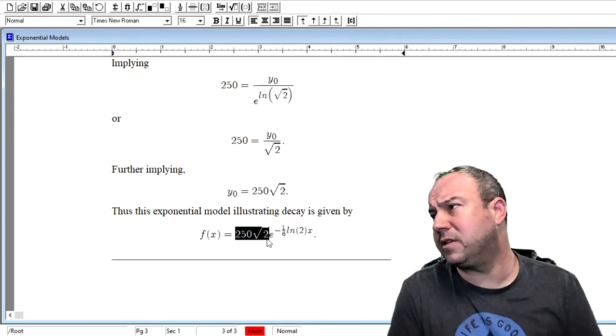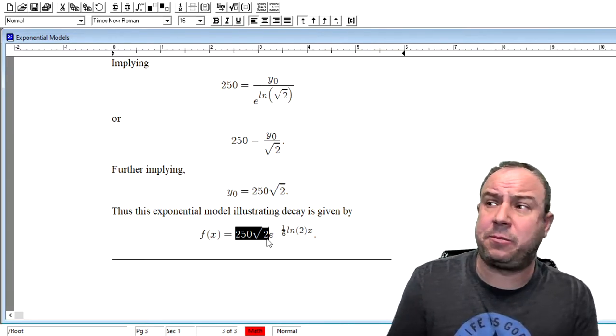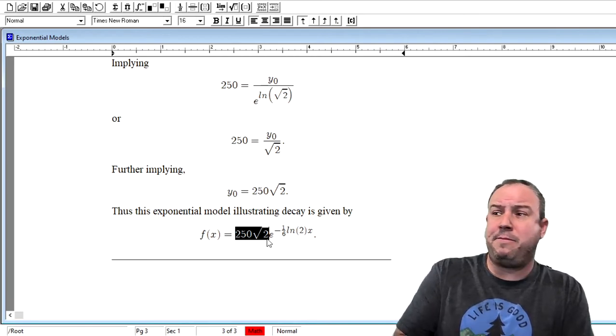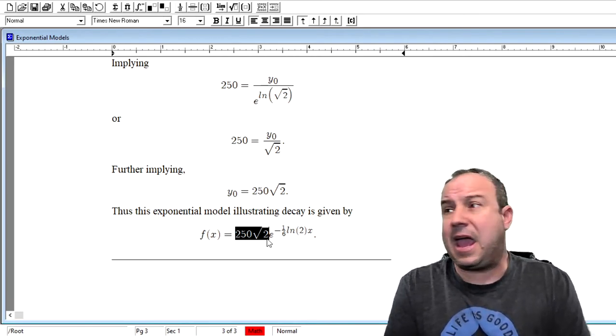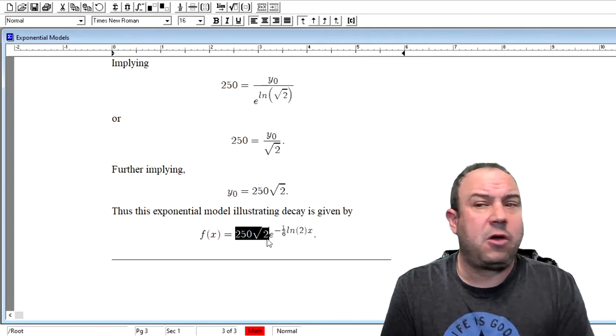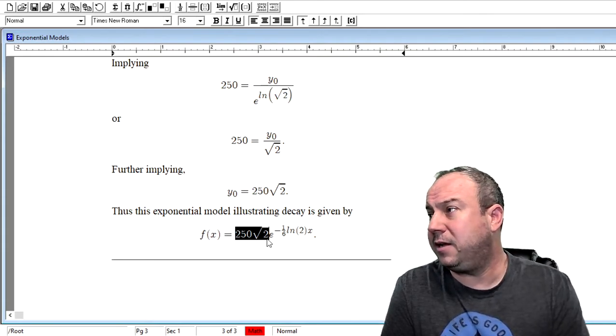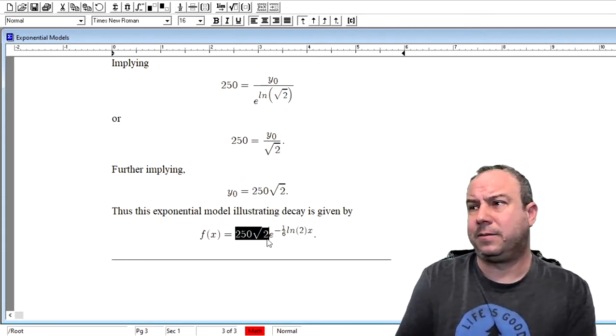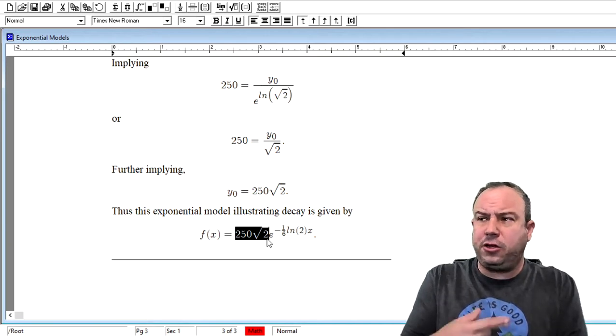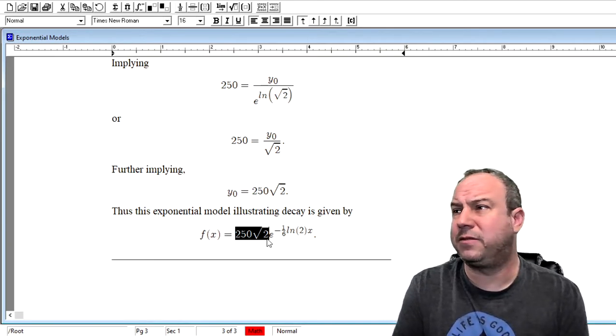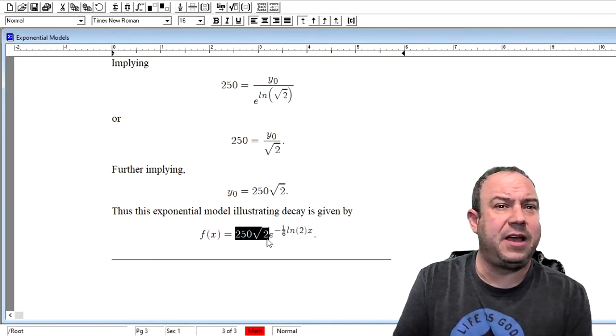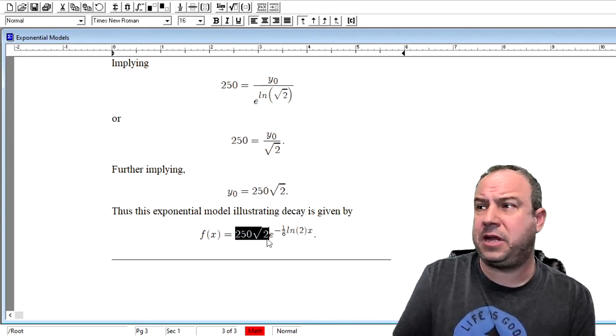All right, folks. This is exponential model problems. You need to become familiar with the fact that every exponential relationship can be modeled in this manner. All you really need is 2 observations of that exponential behavior.